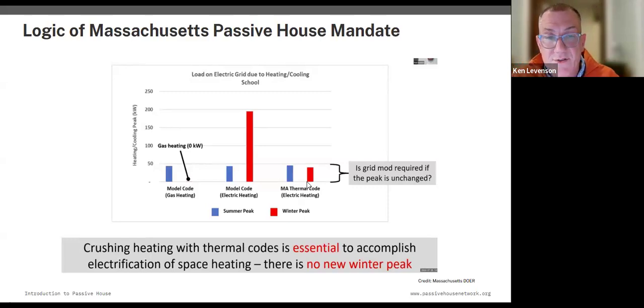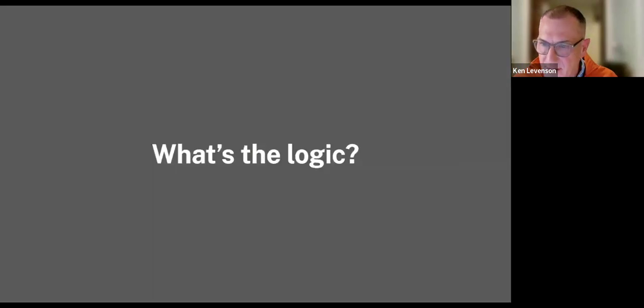So Massachusetts decided to mandate Passive House thermal codes across commercial buildings, in the jurisdictions that adopt it, but most all the population centers are adopting it, certainly Greater Boston and so forth. So there are really compelling reasons, across the spectrum of needs, why we would want to do Passive House.